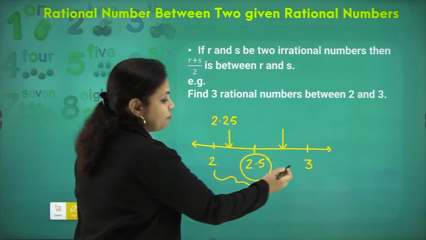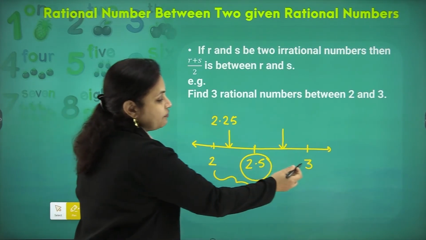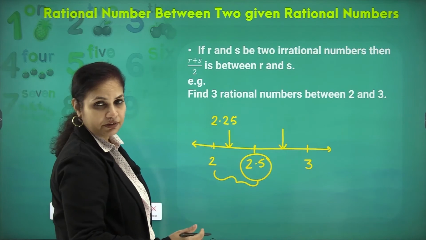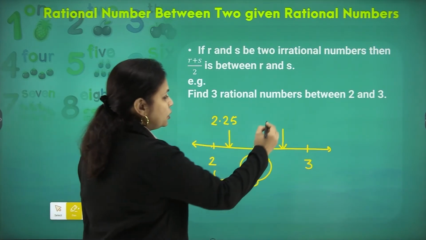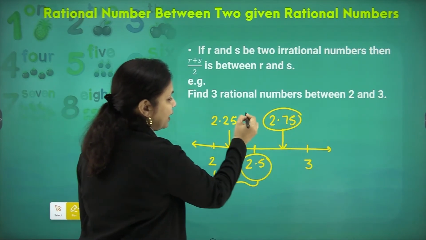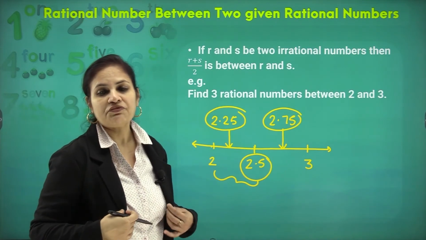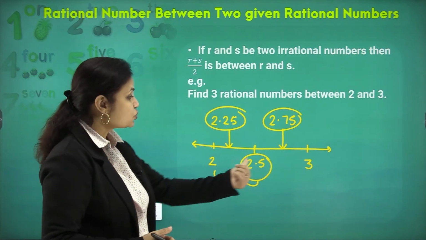Similarly, 2.5 plus 3 gives 5.5, and 5.5 divided by 2 gives 2.75. Thus we have three rational numbers fitted on a number line between two given rational numbers.